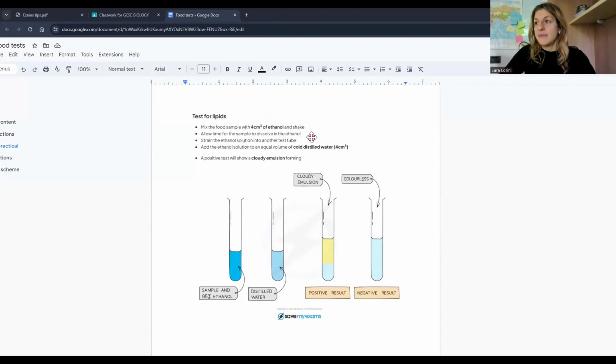You would allow time for the sample to dissolve in ethanol, strain the ethanol solution into another test tube, and then you add water to it. You add ethanol, you strain it, and then you add water, because this step would form a cloudy emulsion if you have a positive test, because the fat present in the sample forms this emulsion, okay?